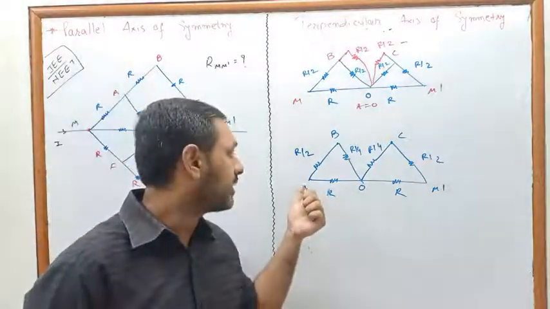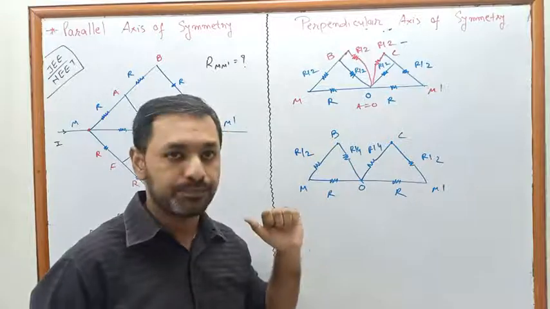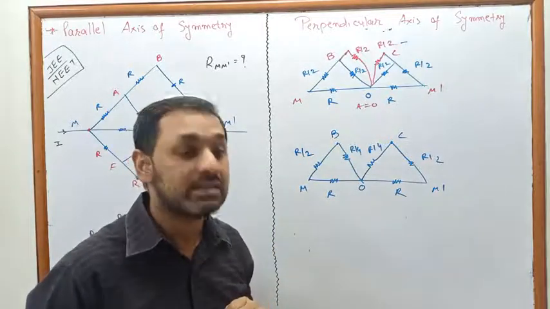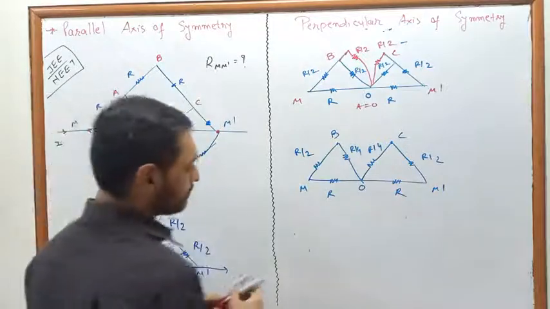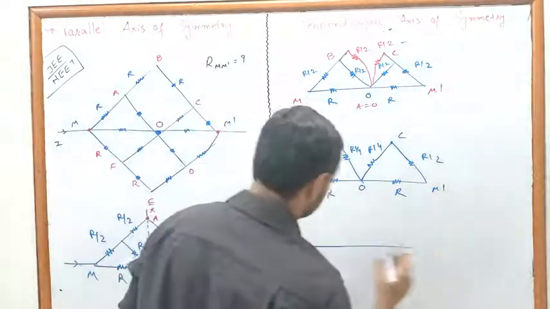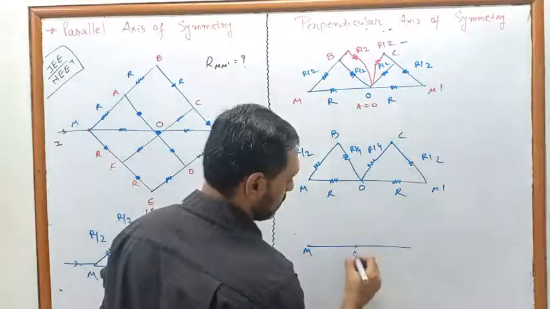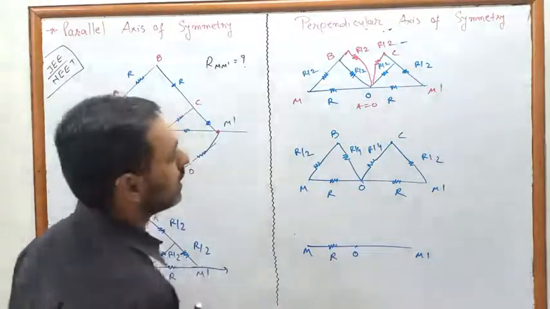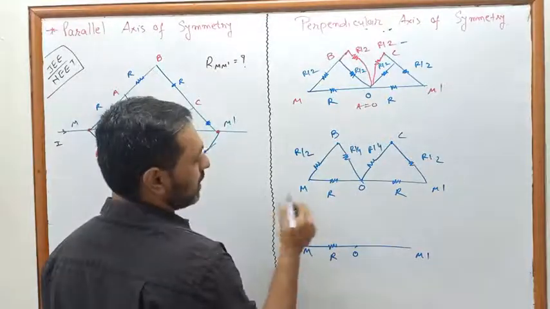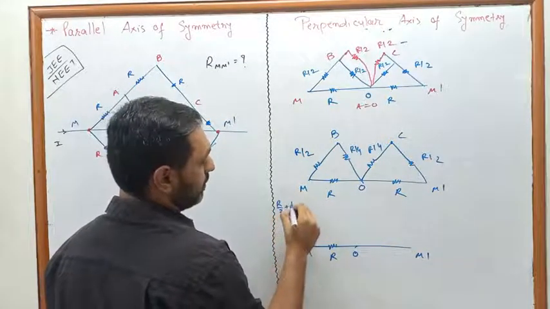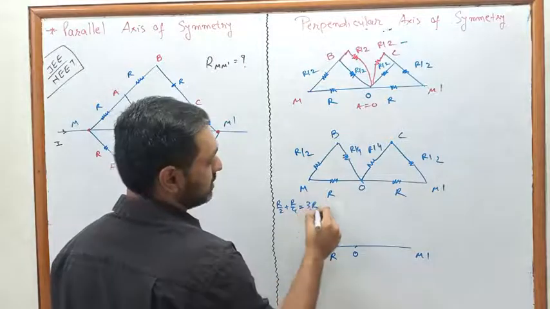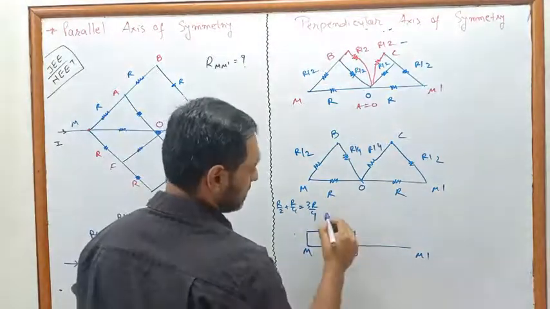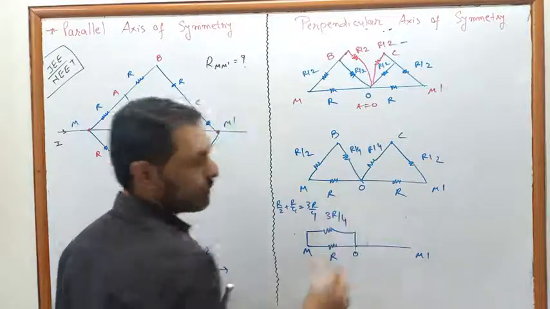Now consider this part M, B, O. You have R by 2 and R by 4. These two are in series. M, O and M dash. This is R. So R by 2 and R by 4 are in series. So R by 2 plus R by 4 means 3R by 4. So this resistance is having value 3R by 4.